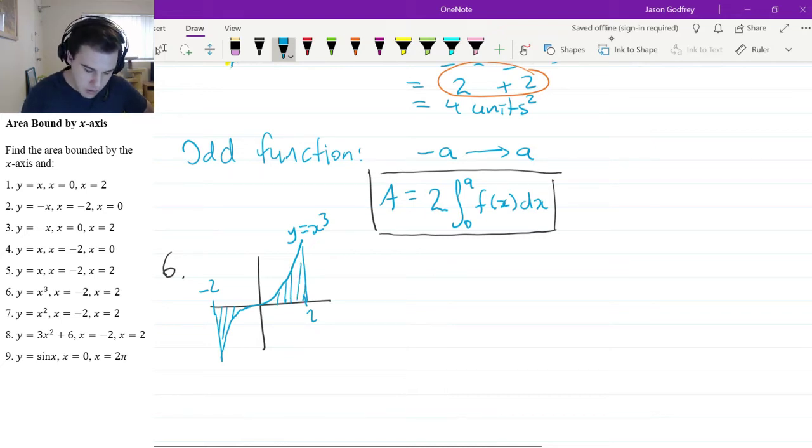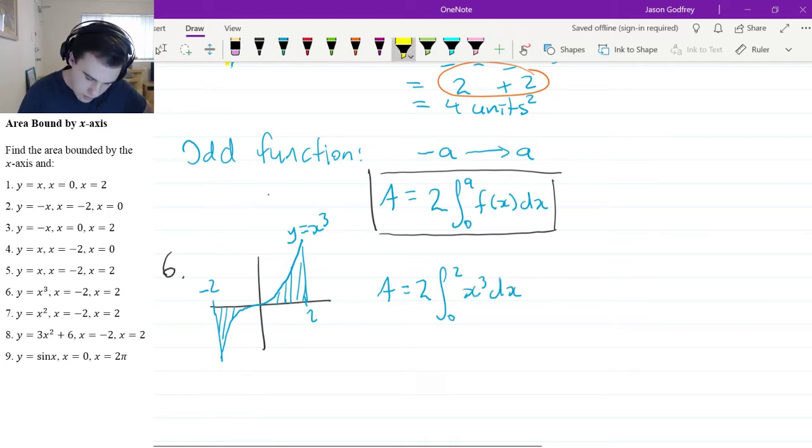So since we're going from the same number, negative to positive, and it's an odd function, those 2 conditions need to be met: that it's an odd function and that it's going between the same numerical values. We can find the area here by doing 2 lots of whatever the area of this piece is here, this bit I'm highlighting in yellow.